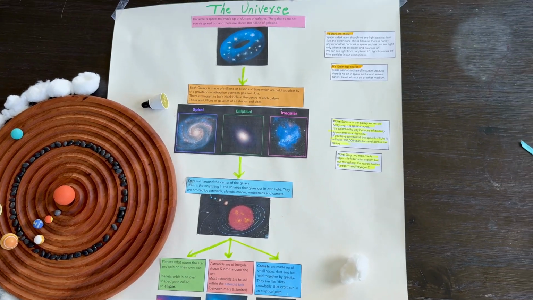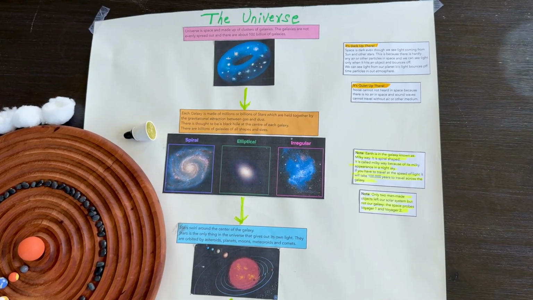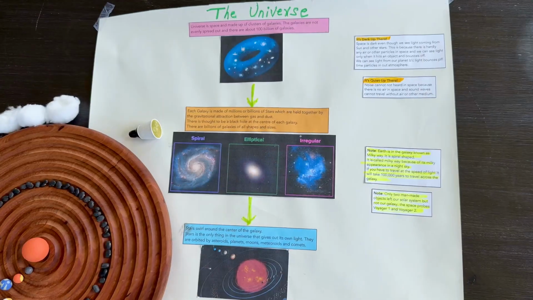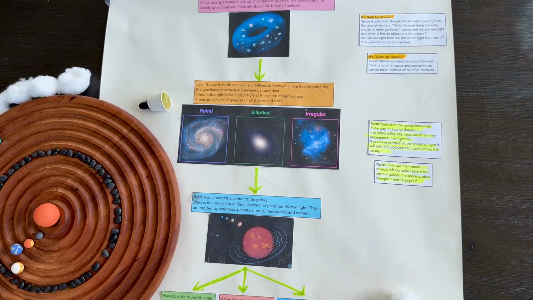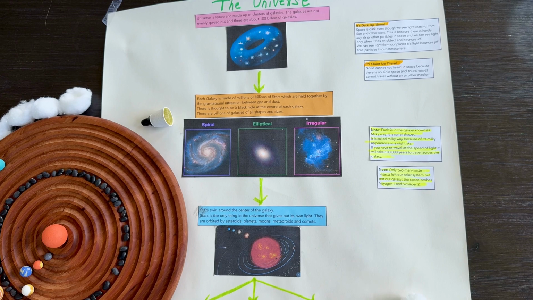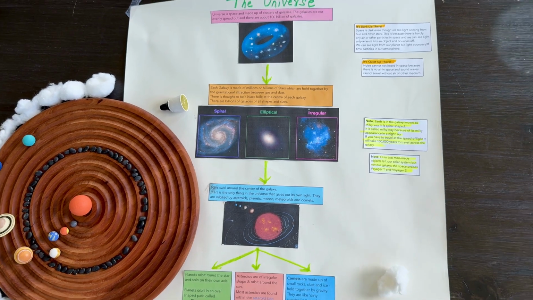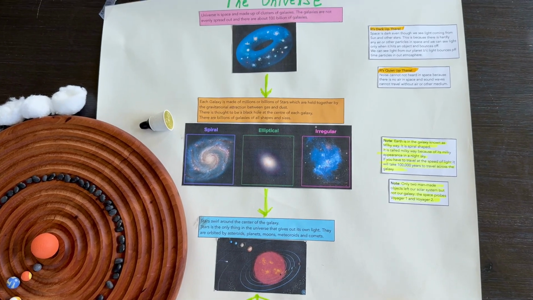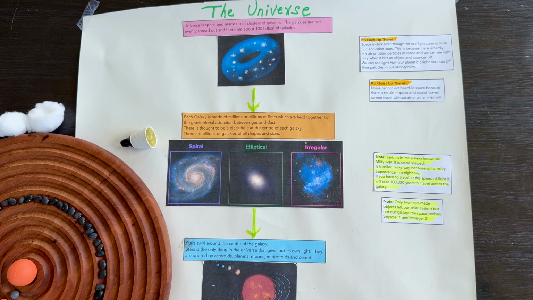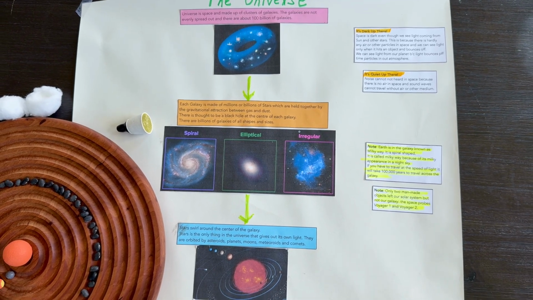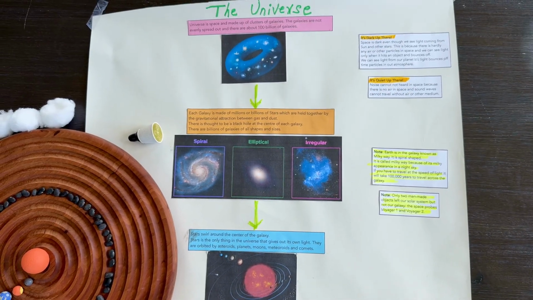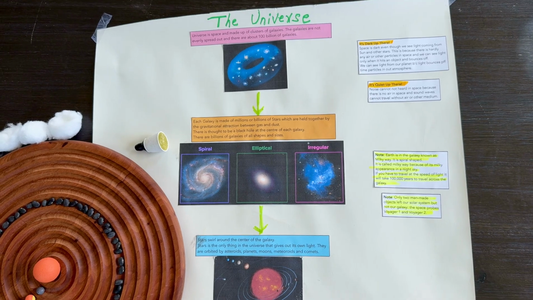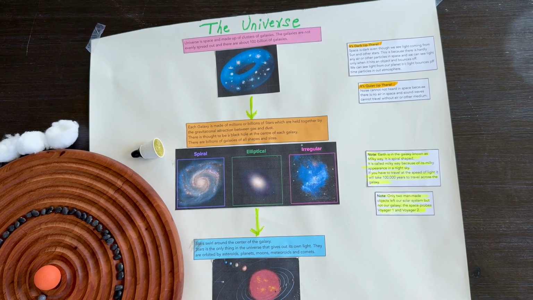So now, why is it so dark in the universe? The universe has lots of stars, and these stars produce their own light. But why is it so dark? Well, most of the universe is expanding and it's empty. There's not that much gas or particles there. That's why light cannot reflect, and that's why we're seeing it really dark.